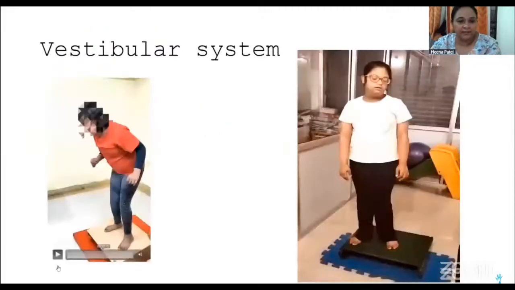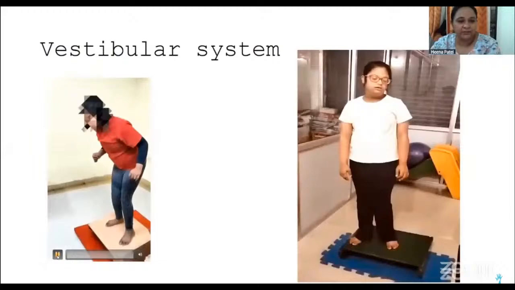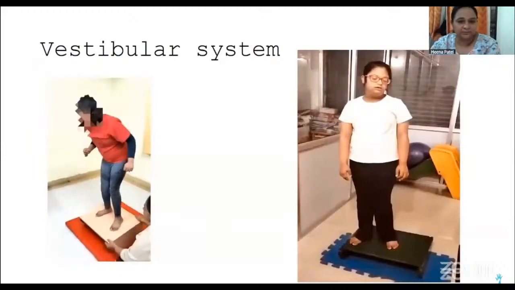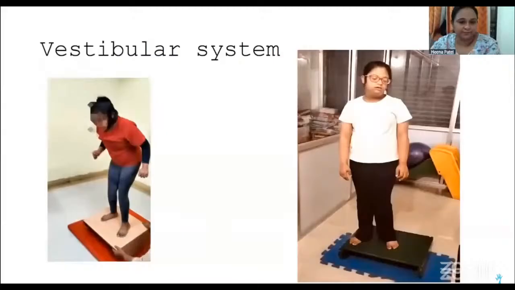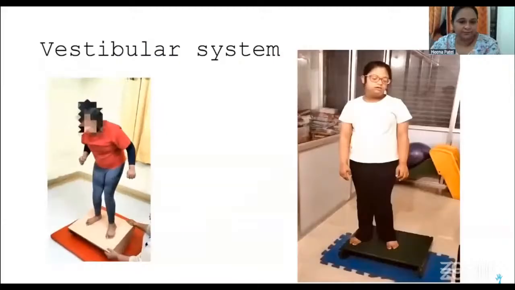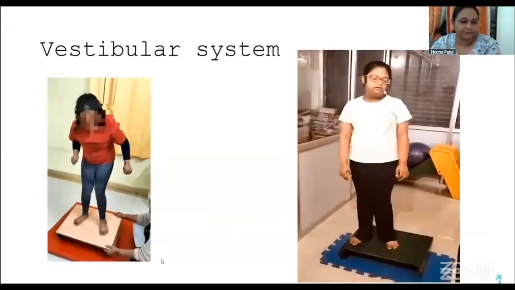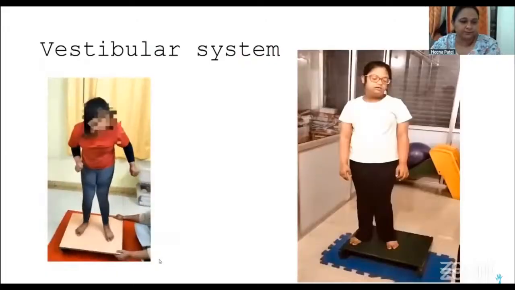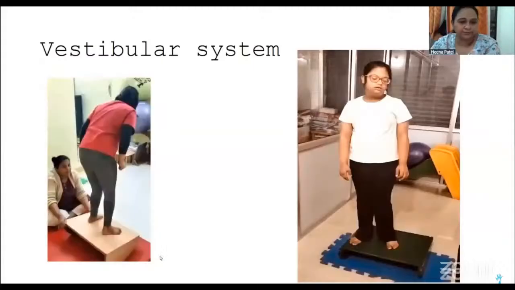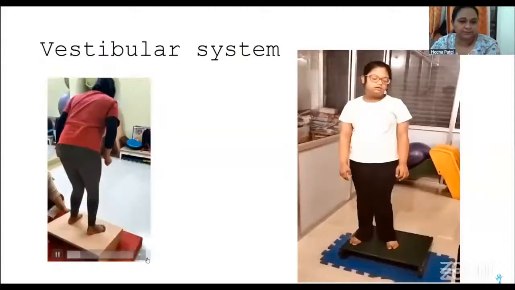And this is the video of the vestibular system. We evaluated her on this day, where she is not able to stand on a movable base. She is just stuck, and this is the phase response in her vestibular system. Side view of the same day video.